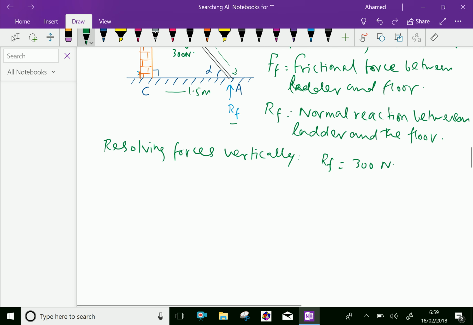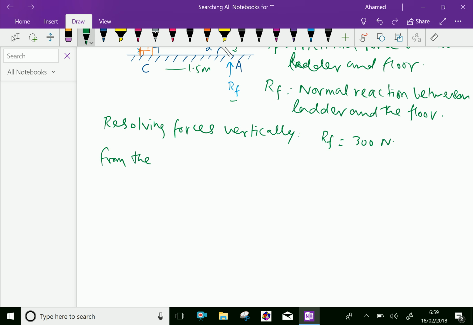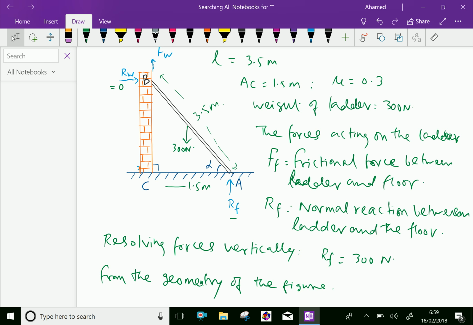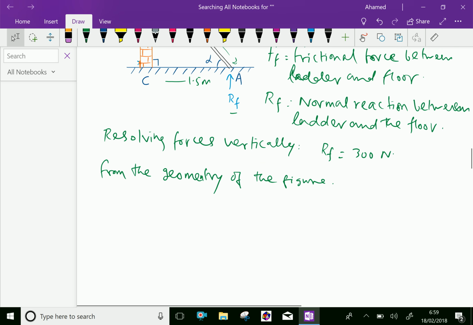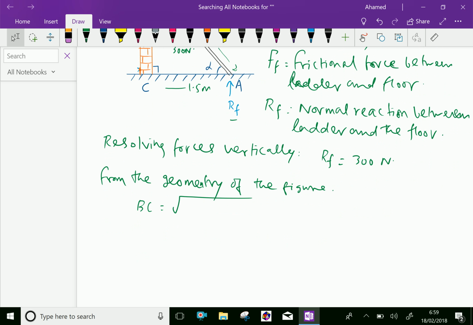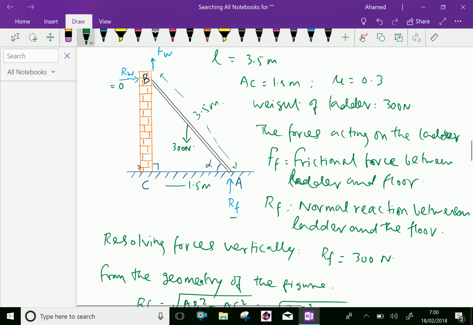Now from the geometry of the figure, it forms a right triangle, so we can find the value of BC equals the square root of AB square minus AC square, which is the square root of 3.5 whole square minus 1.5 whole square.